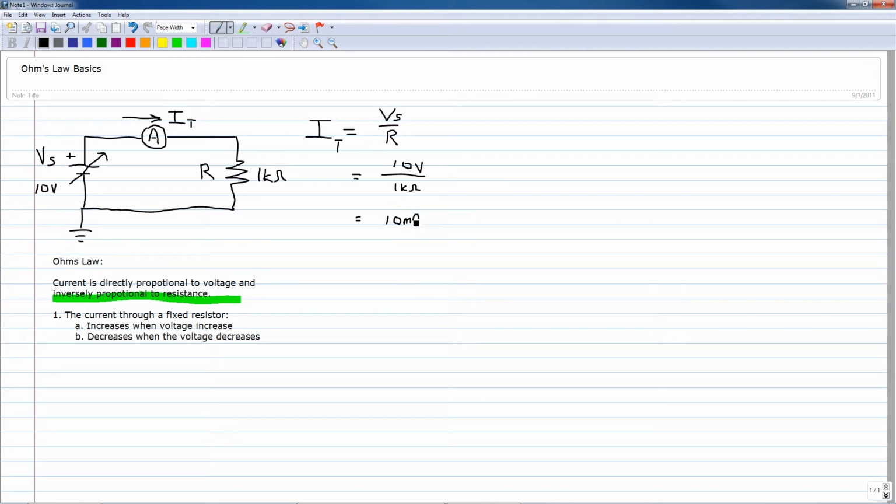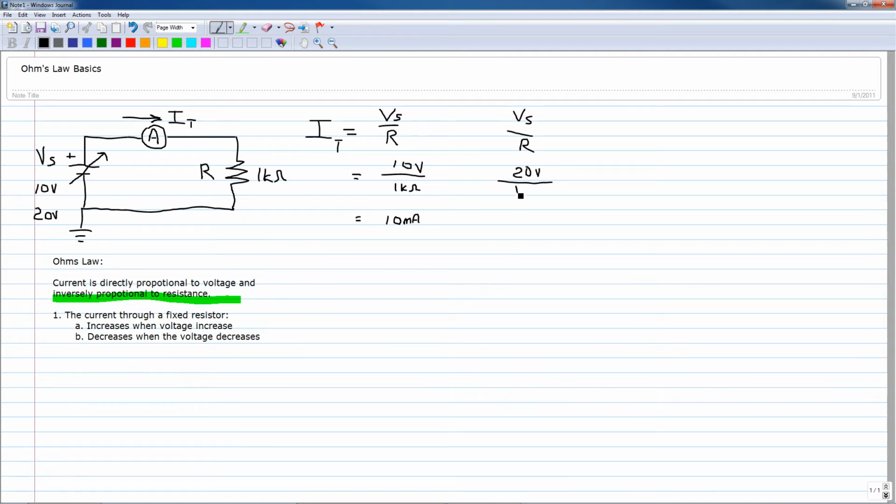All right. Now, let's take the same circuit, but this time we'll change Vs from 10 volts to 20 volts. So this equation now becomes 20 volts divided by 1K ohm.